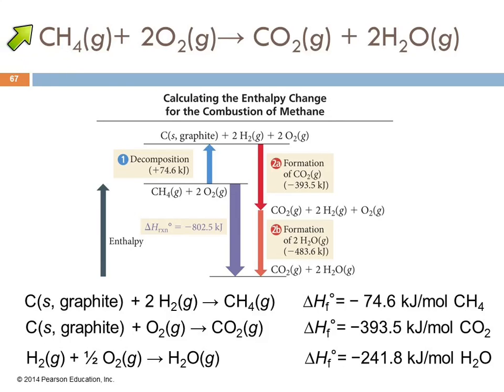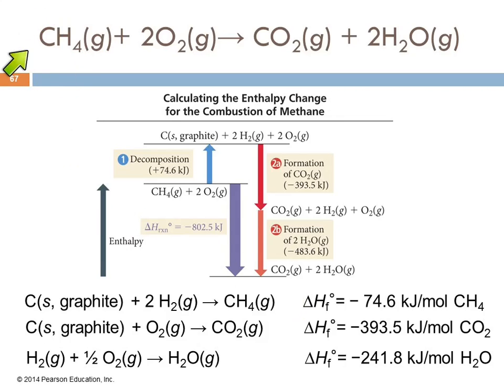And so mentally what we do is we take methane and we decompose it into its elements. And we just learned how to write this formation reaction for methane. And we can look up the heat of formation. These are always written as forming something. So the elements in their standard states forming 1 mole of this, we can look up the heat of formation in a table.